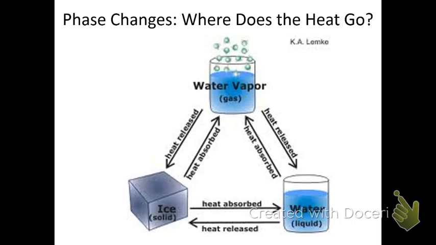So if you look for the term heat absorbed here, I like to follow that heat absorbed, and it always goes up that way. In all these cases, heat is being absorbed, and when it's absorbed, it creates something more disordered.